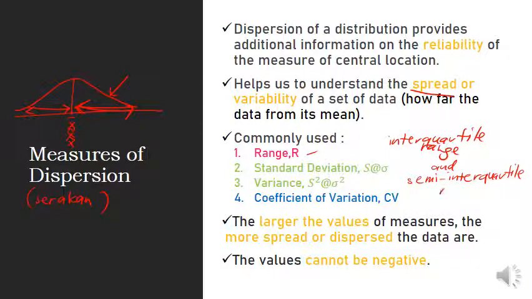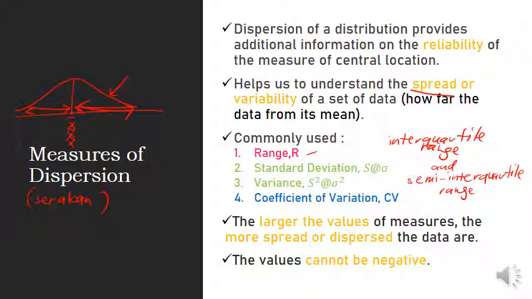Okay, yang ini nanti kita akan tengok dalam selepas ni lah. So commonly used measure of dispersion adalah range, standard deviation, variance, coefficient of variation, interquartile range, and also semi interquartile range.